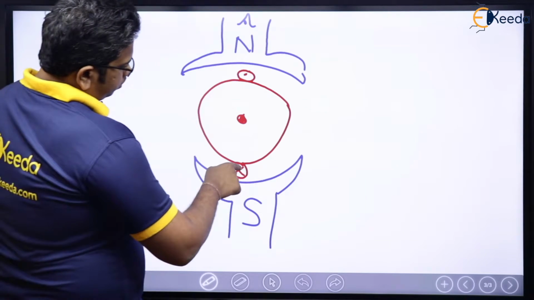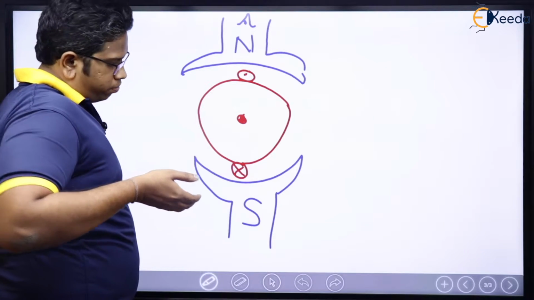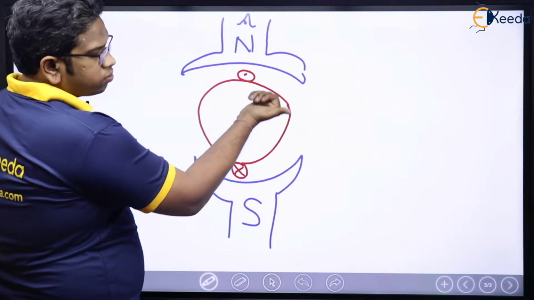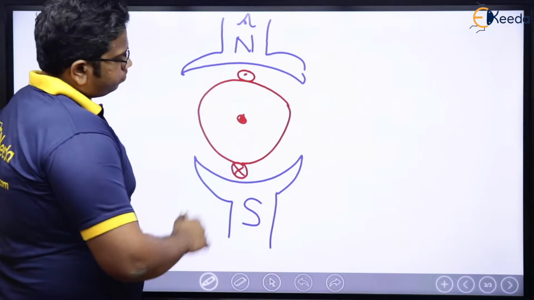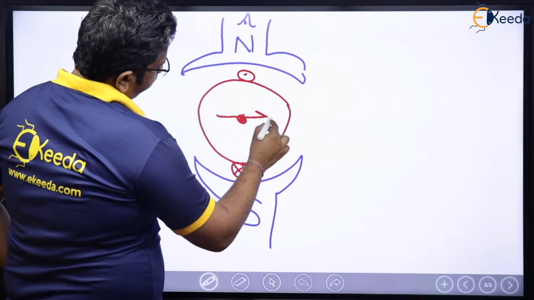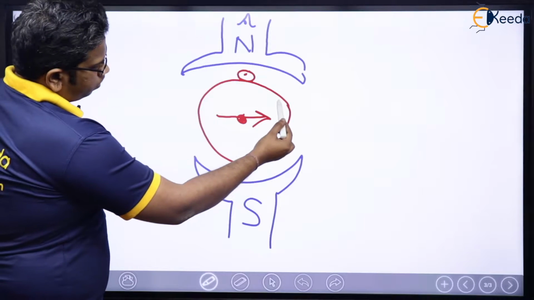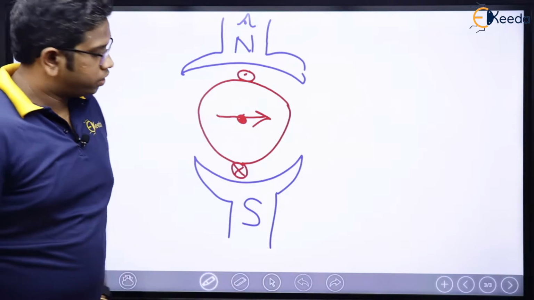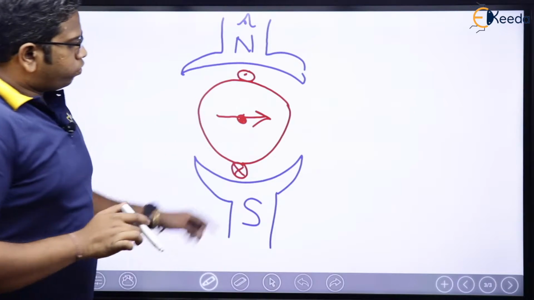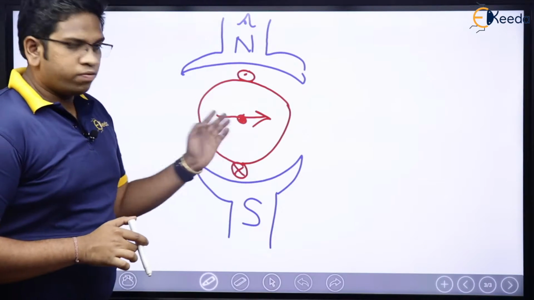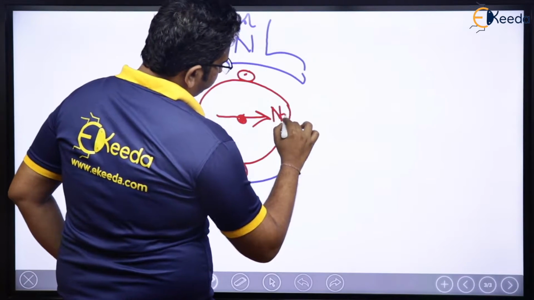See here, this is the cross, this is a dot, which means by the right hand thumb rule, flux will be in this direction. If you observe this particular part of the rotor, flux is going to come out of the rotor here, which means this part becomes the north pole of the rotor.